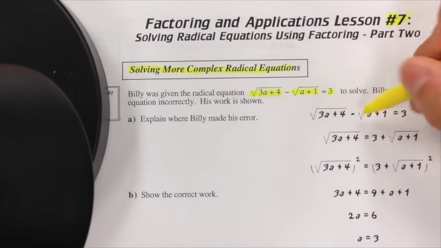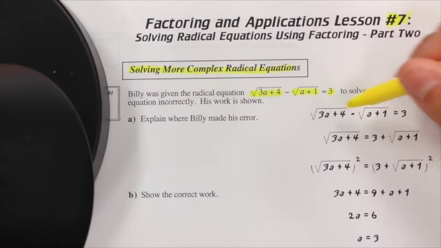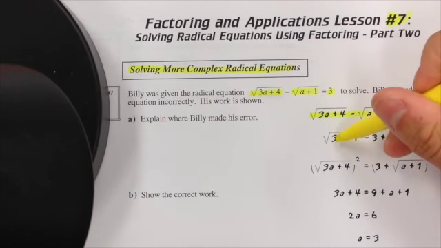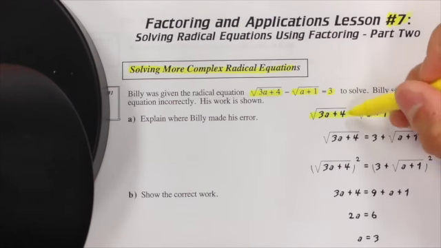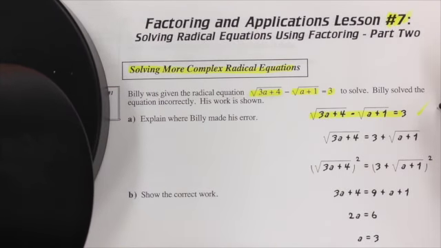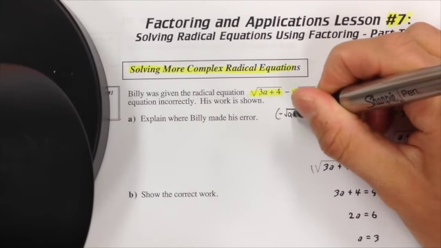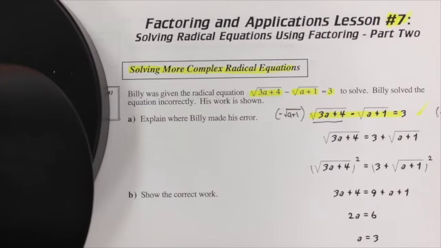So the square root of 3a plus 4 minus the square root of a plus 1 is equal to 3, and those are both radicals. So he wrote that out, okay, so that's right. Now, what he did was he brought this term over to this side, and he did that in order to isolate this radical, and that is also correct, right?